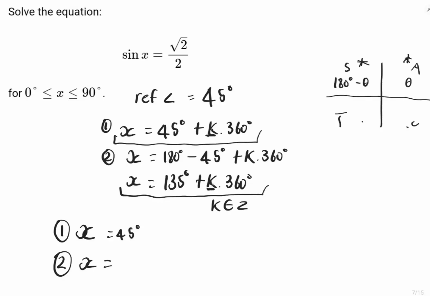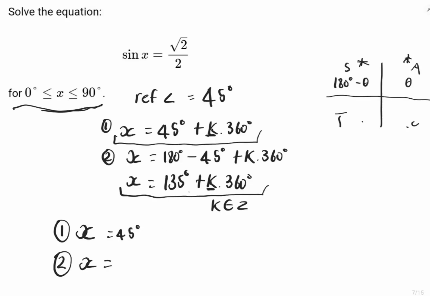So we don't even want to keep substituting 2, 3, 4. And if we substitute a negative number, 135 plus negative 1 multiplied by 360, we're going to get negative 225, which again is out of this range.